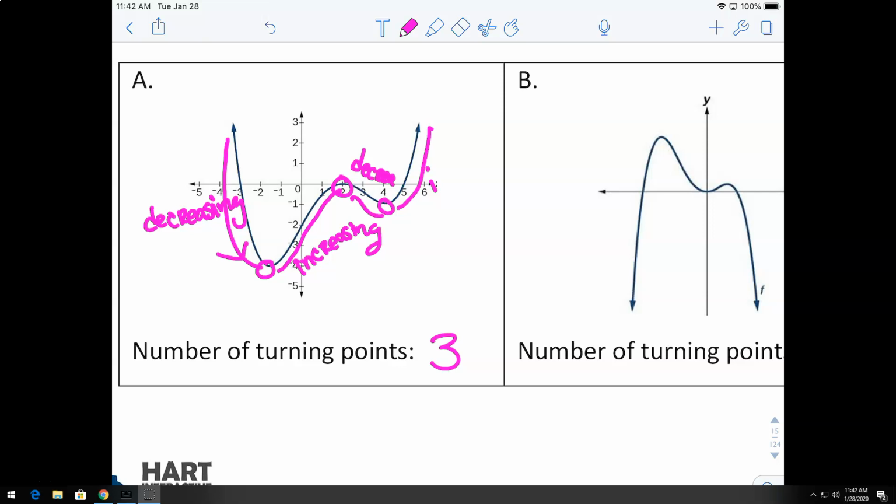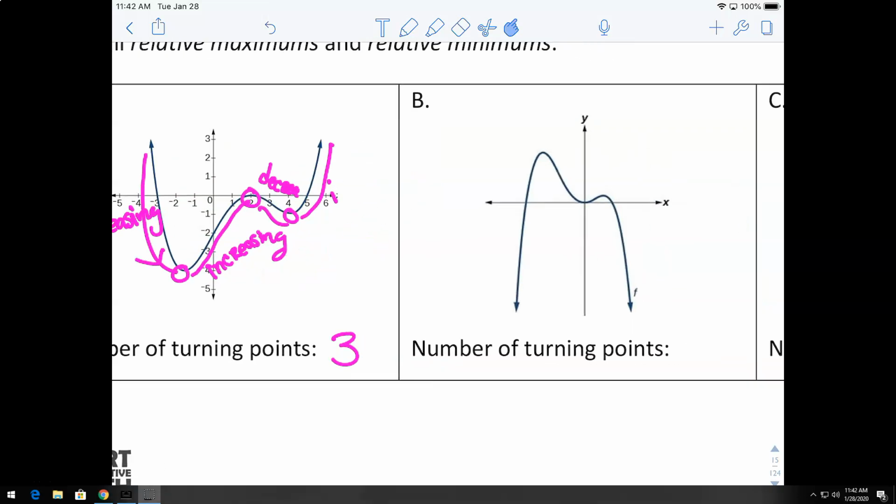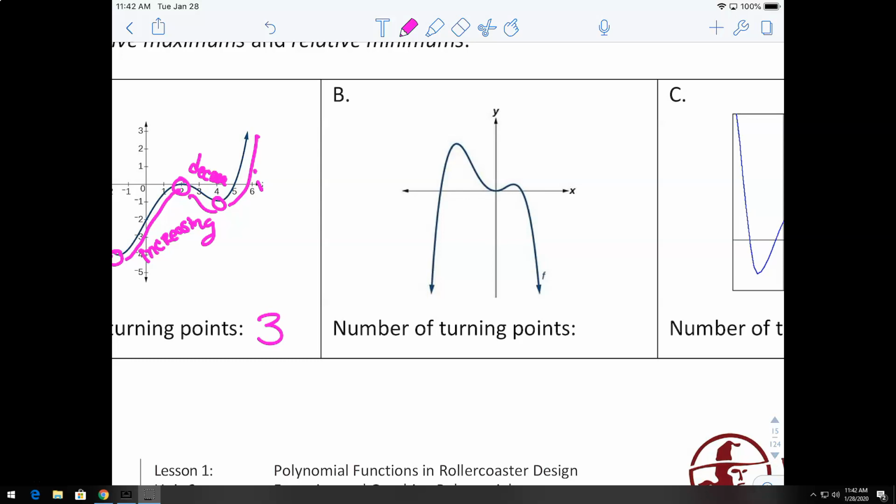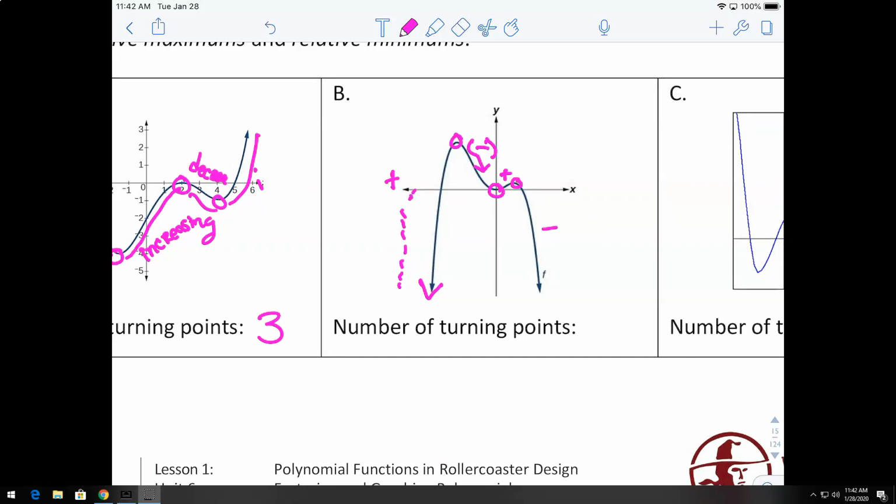Okay, so it's really important that we know that. So I'm going to start showing that with negative signs and positive signs. Even though this arrow goes this way, we read from left to right. This is actually increasing. I hit a critical point, a point of inflection. It's going down, so I'm decreasing. That's a negative. I hit a point of inflection. It hits a slight positive, where then I hit another point of inflection, another critical point where I turn, and now it's going down. Again, there's 3 points there. 1, 2, 3.